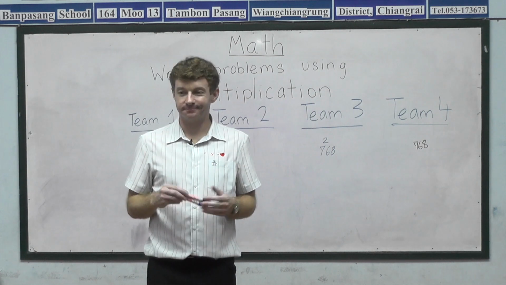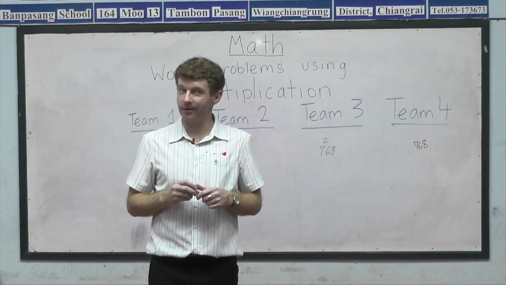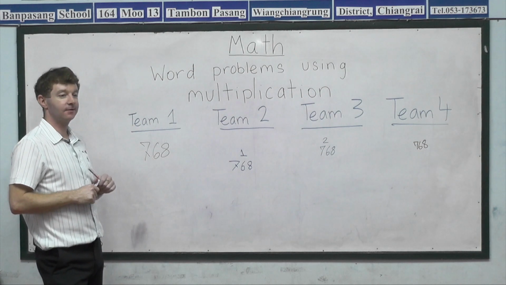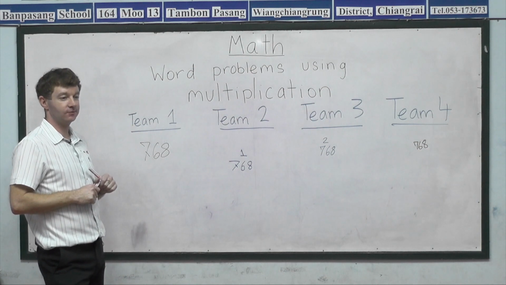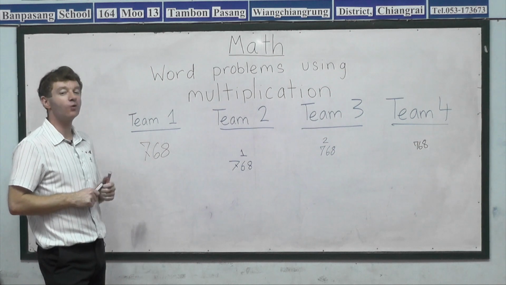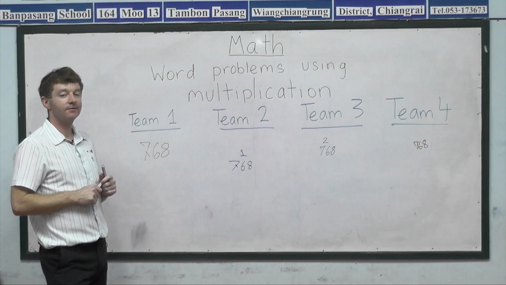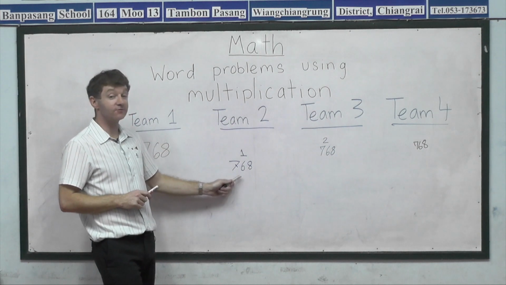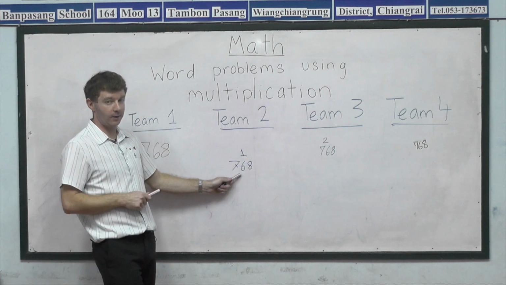So, all of our teams are ready. Team 1, what's your answer? 768. Team 2, what's your answer? 768. And Team 2 wrote this answer first, so if this answer is correct, Team 2 will win.